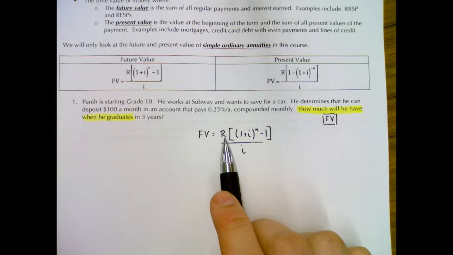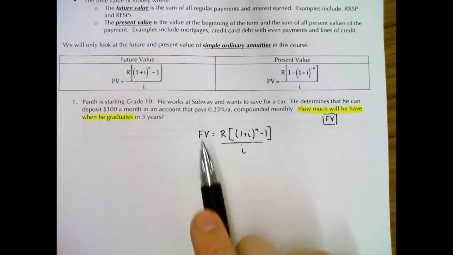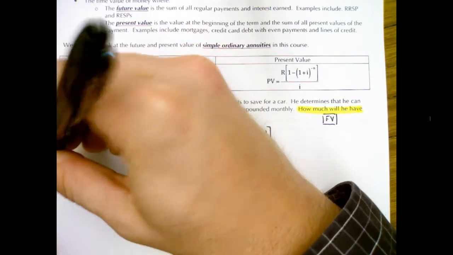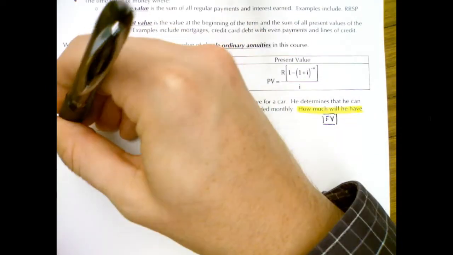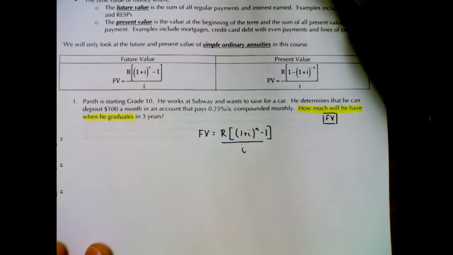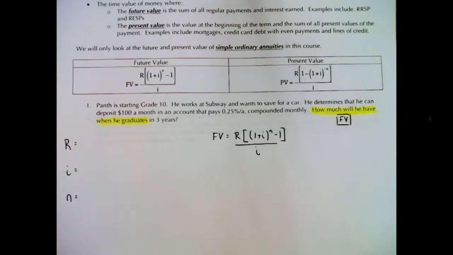We need to be able to fill in R, I, and N in order to solve for future value. So over here on the right, I'm just going to write R, I, and N. And we're going to go through and see if we can get values for those and then substitute them into our equation. And I just realized you can't see that, so I'm going to move my document camera to the left.